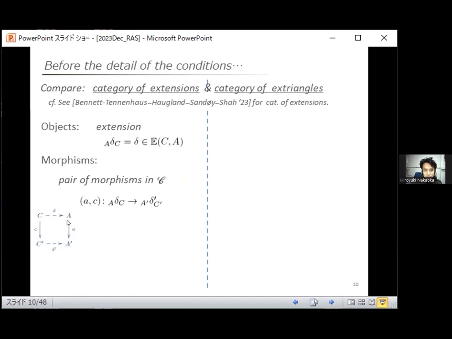A morphism from delta to delta prime is a pair of morphisms a and c in the category C, and this should satisfy this equality. Let me explain this equality.